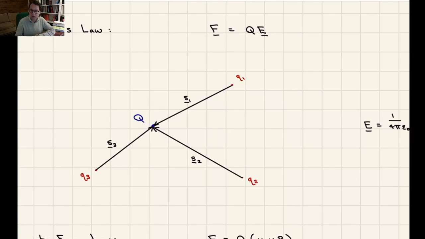What Coulomb's law tells us is, when there's a set of source charges, little q1, little q2, little q3, for example here, and we put a test charge, big Q, in the middle of them, what force does that test charge feel? So far, so very physical. But in writing down what the force is, we're working with vectors.